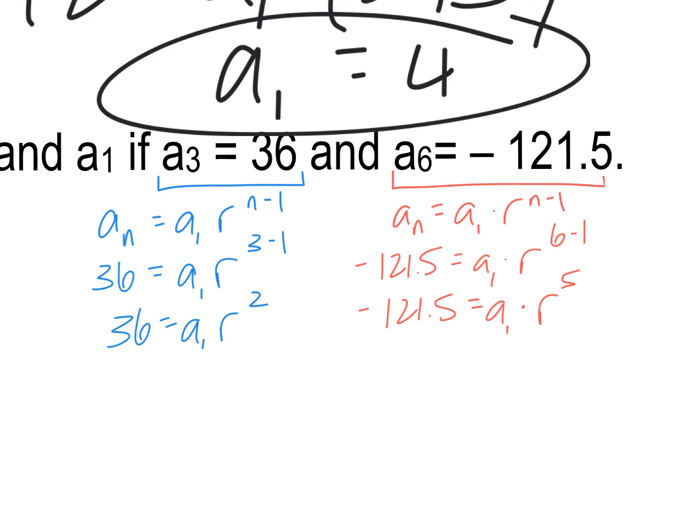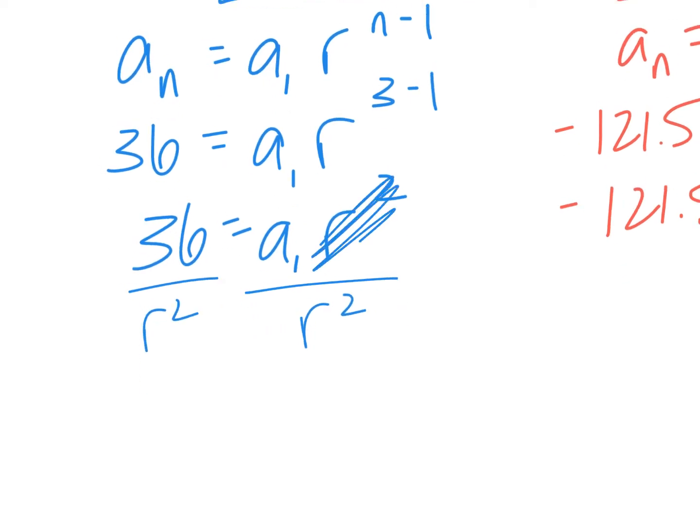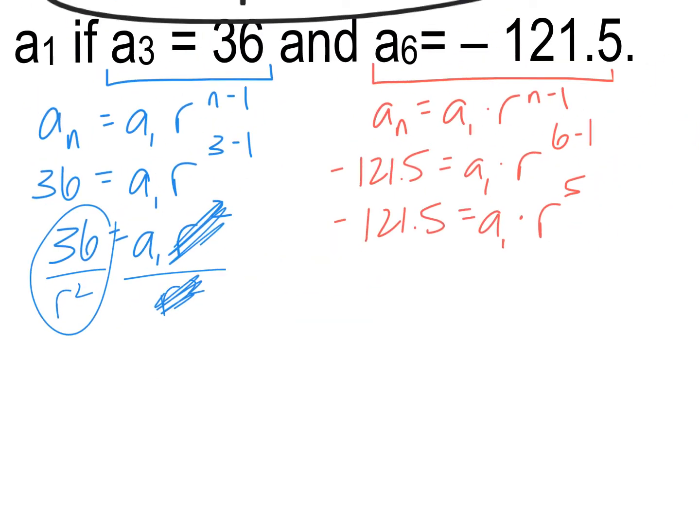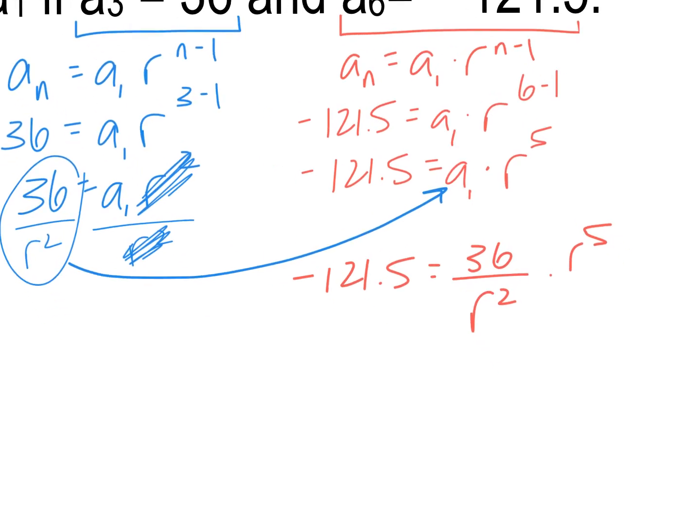I think what I'm going to do is solve this equation for a1, so divide by r squared on both sides. That's going to get rid of this, and I can plug all of this in for a sub 1. So negative 121.5 equals 36 over r squared times r to the 5th. And yes, that's going to simplify pretty nicely. r to the 5th divided by r squared is r to the 3rd.